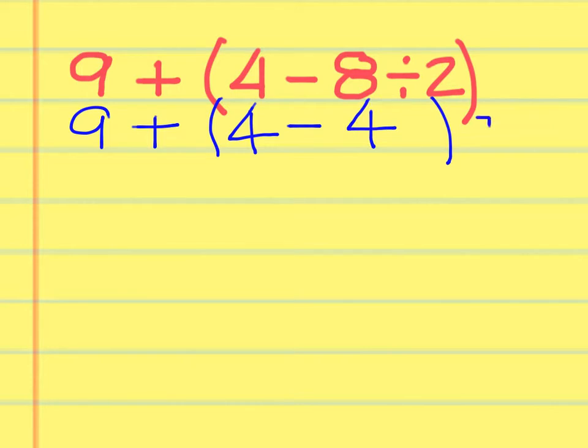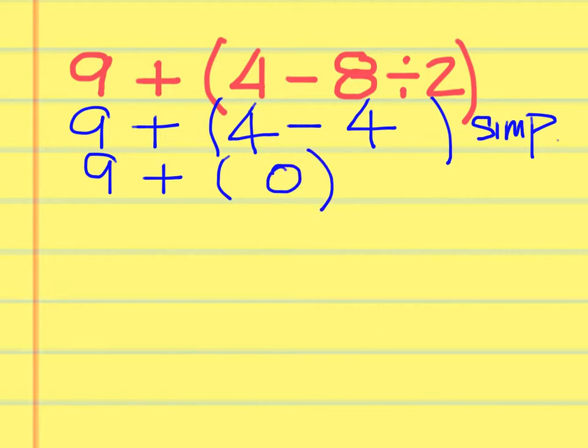So we've simplified. Now I go back to those parentheses and I get 4 minus 4 is 0. So again, I have simplified. But now 9 plus 0 is 9. What property is that? Yeah, additive identity.